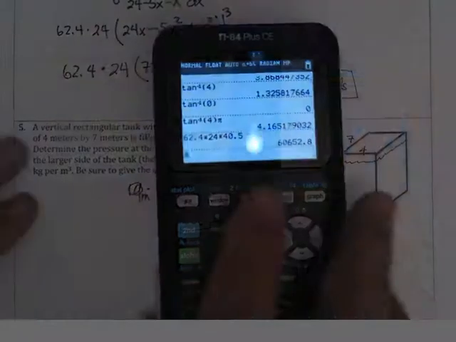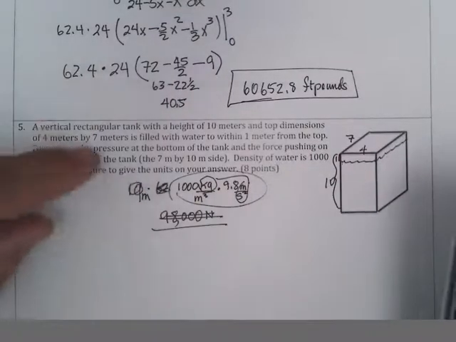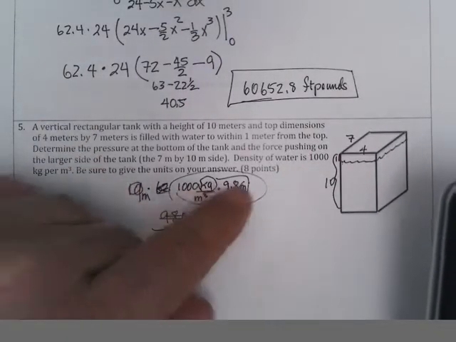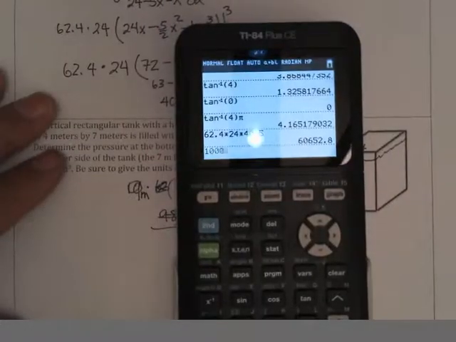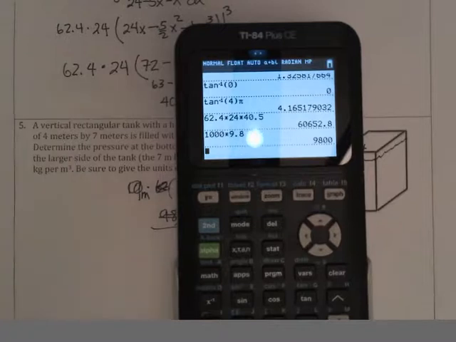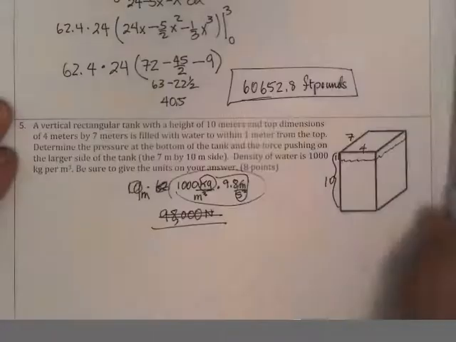But it's supposed to be the pressure. So it's just the depth times the weight density of it. So weight density is 1,000 times 9.8. That's the weight density times 9 meters deep, 8,200.